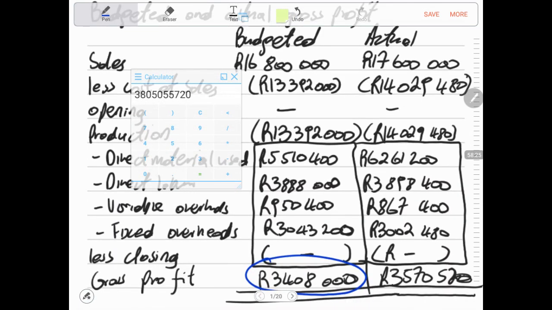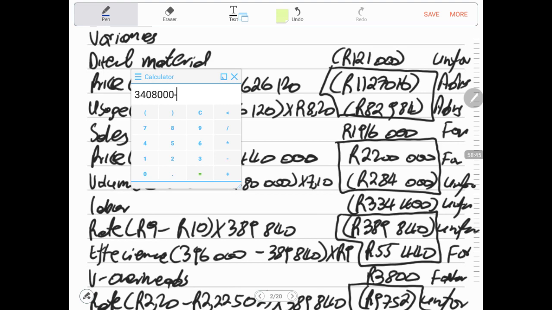gives us the actual profit. Budgeted 3,040,000 or 3,408,000. We minus 121,000.